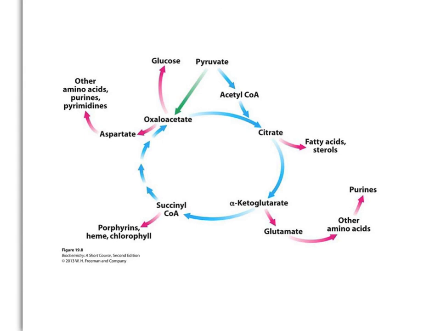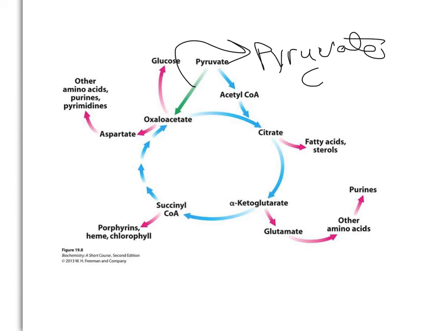Well, sometimes all we need are Krebs cycle intermediates, and we need oxaloacetate, for instance. One of the ways we can do that is through an enzyme called pyruvate carboxylase.